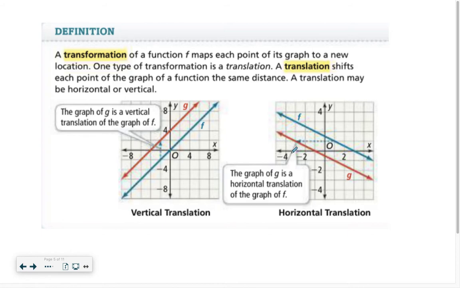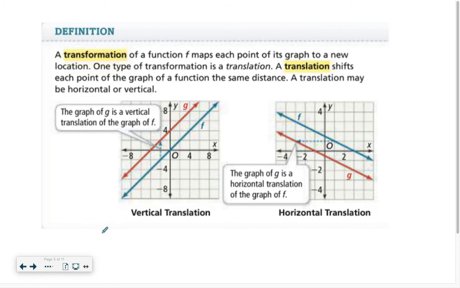We're only going to focus on translations right now. Later on we'll talk about how you can stretch and compress something. But a translation, remember, is just sliding something around. And a transformation is the overarching name for that.